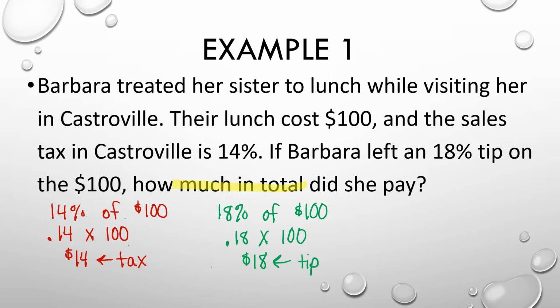So it wants to know how much in total. Okay, so first thing, they have to pay the bill, which is 100, plus they have to pay the $14 in tax. And they have to pay the $18 tip, which gives a total of $132.